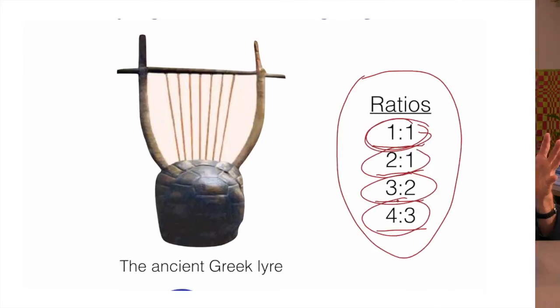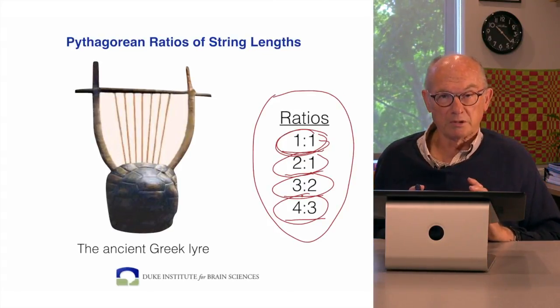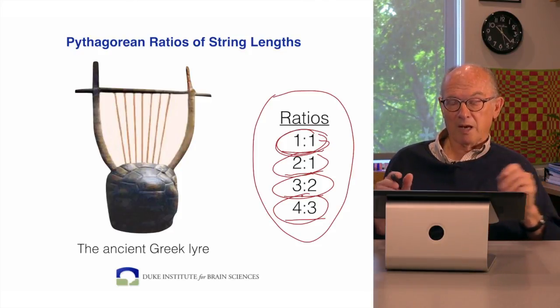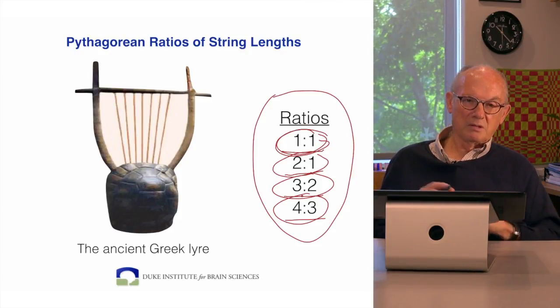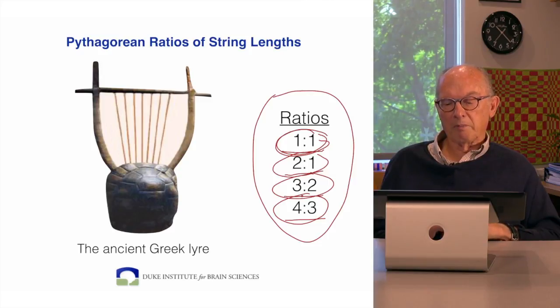And he limited his concept to these ratios because, as we'll see, and as all modern musicians know, it gets very complicated after these simple whole number ratios. Things get out of hand pretty quickly.